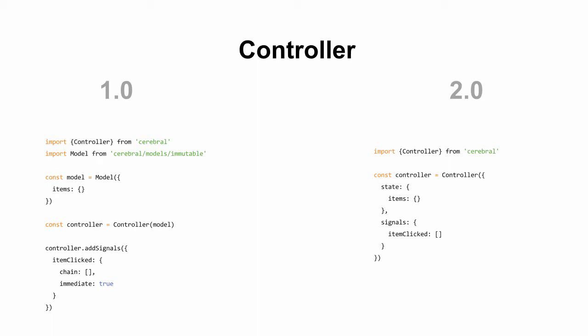You just create the controller and configure it. It's a declarative approach. Also, on the next release, there's no model anymore. We tried many different kinds of models for Cerebral 1, and what we landed on was our own very simple model layer, which I will talk a little bit more about later.